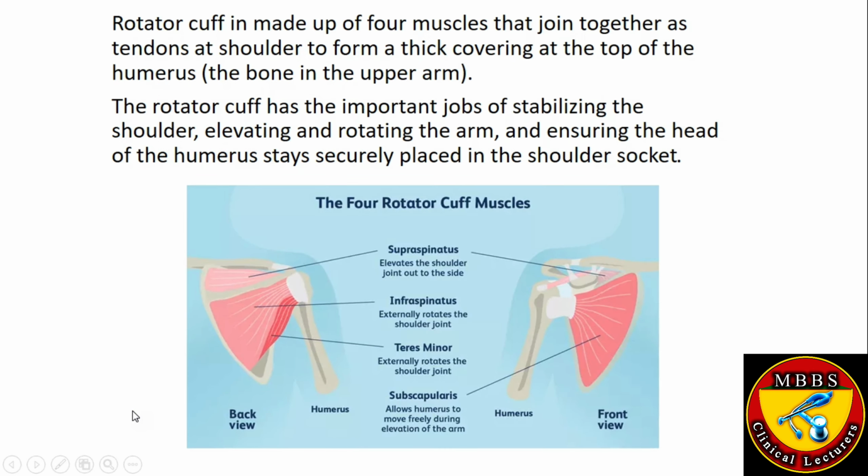The rotator cuff, as we discussed, is made up of the four muscles. They join together and provide strength to the shoulder joint. You can see their arrangement is such that they can hold the joint, provide strength to the joint and stabilize it.